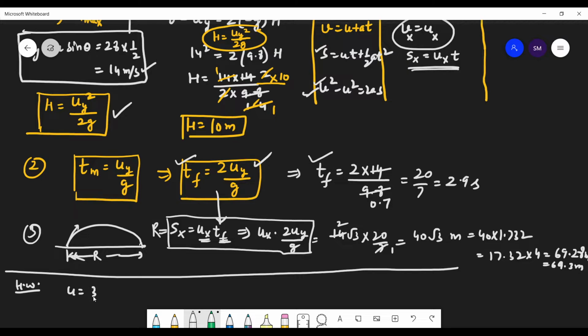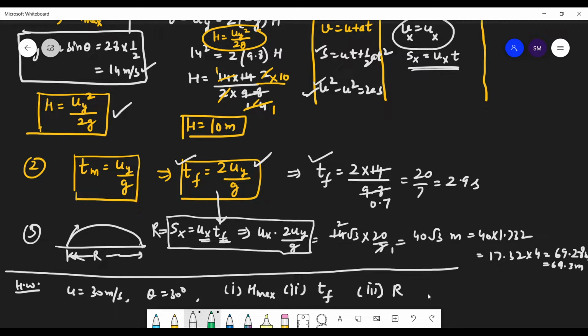If u is 30 meters per second and theta is 30 degrees, you have to find all the same three things above: first, the maximum height; second, the time of the flight; third, the horizontal range. So that's your homework. You have to do this question and send me the answers.